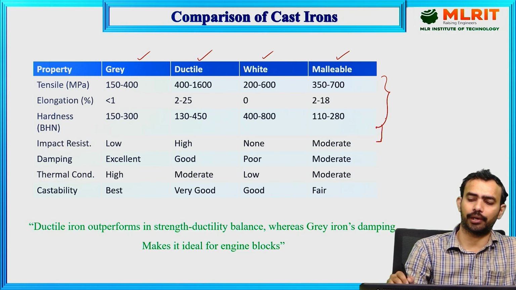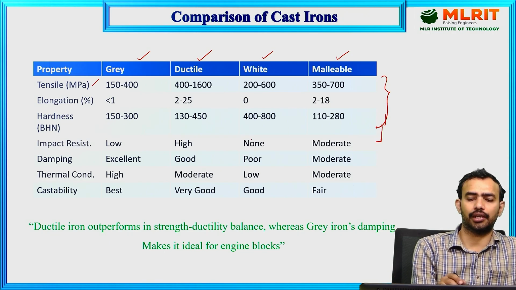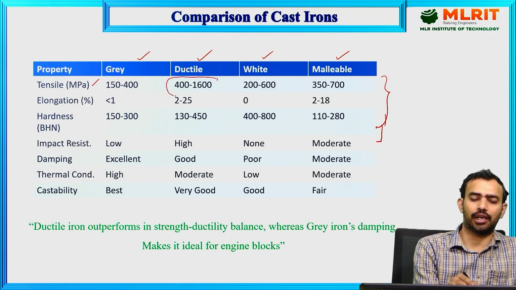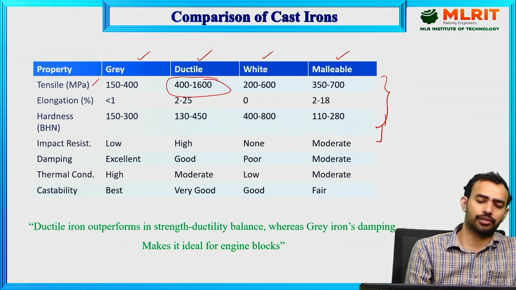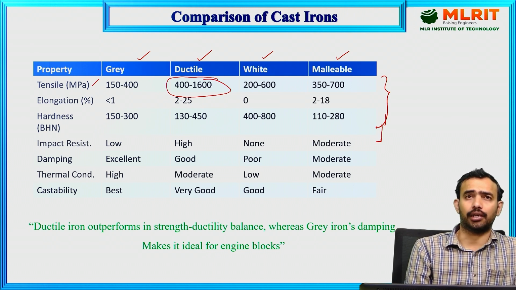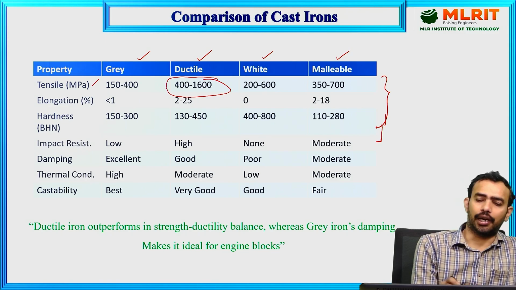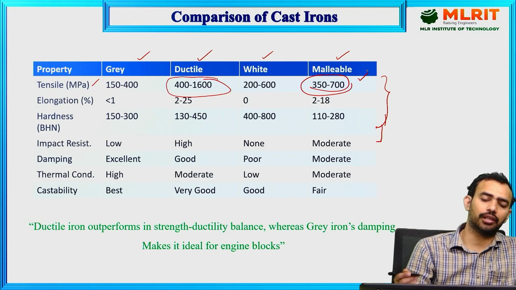In terms of tensile strength, ductile cast iron is offering an excellent range, almost 400 MPa to 1600 MPa. Ultra high strength is also possible with austempered ductile iron, ADI. After that, malleable cast iron also offers good strength.